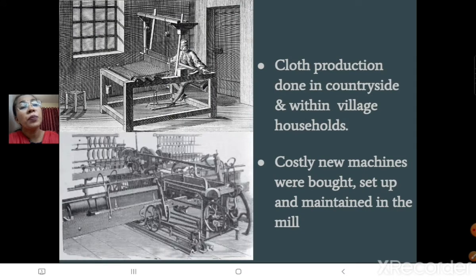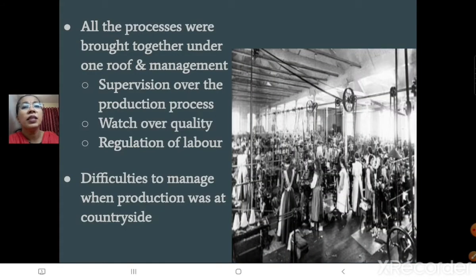Clear? Now in the previous part of the chapter, we have seen how the cloth production was spread all over the countryside and carried out within villages, or we can say within village households. But now the new costly machines were purchased, set up and maintained in the mills. Now within the mills, all the processes were brought together under one roof, that is, in one place, and management.